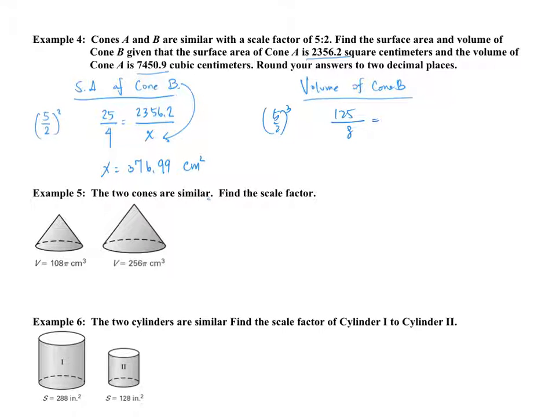I'm going to set that equal to the volume of cone A over the volume of cone B. So after I solve for y, which is the volume of cone B, that should be about 476.86 cubic centimeters.